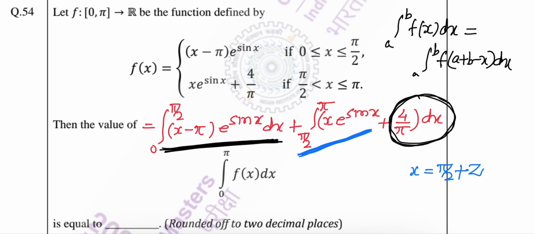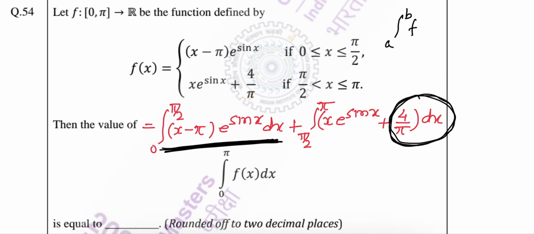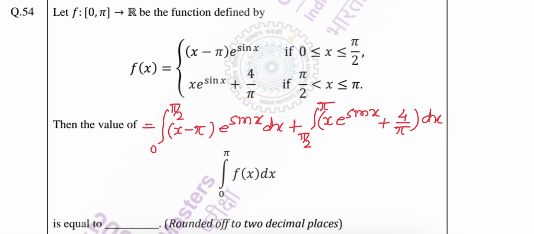Accordingly the next step will be on the screen. So I now write the next step, erasing now. Okay, so the next step will be equals to integral 0 to pi by 2 (pi by 2 minus x minus pi) e to the power sin(pi by 2 minus x) dx.